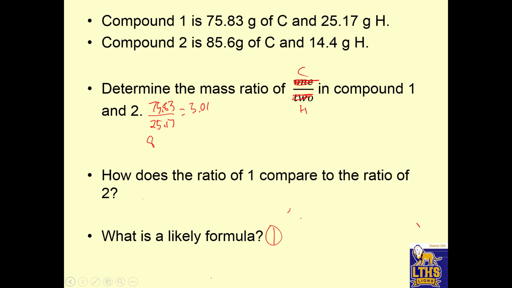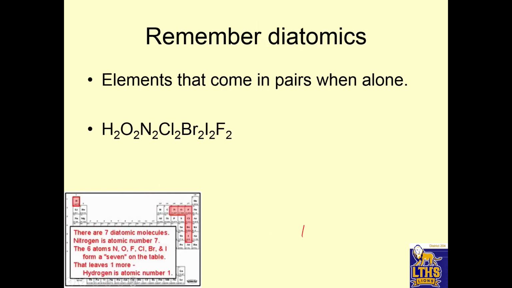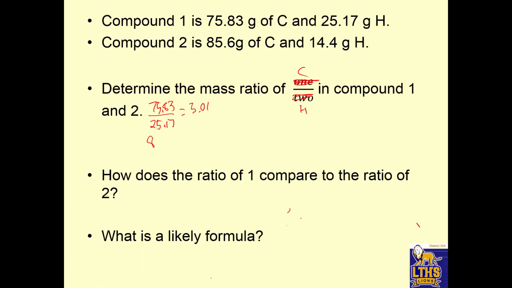I had 3 for number 1, and I had 6 for number 2. So number 1 had 1 C and 1 H, and number 2 had 2 C's and 1 H. So this would have twice as much. This way we can individually figure out how many carbons there would be in each one.